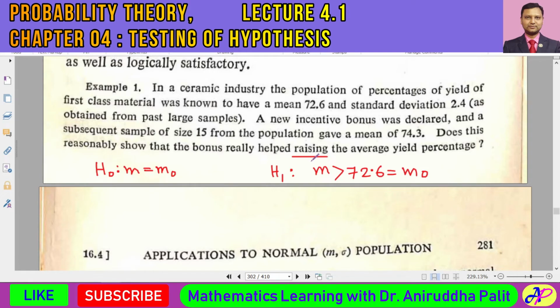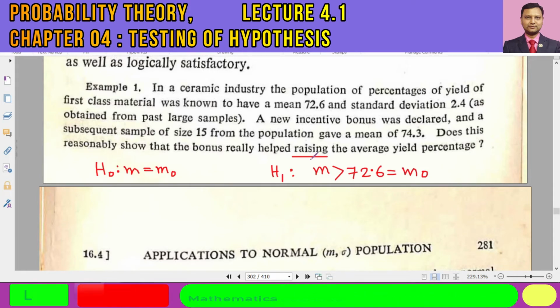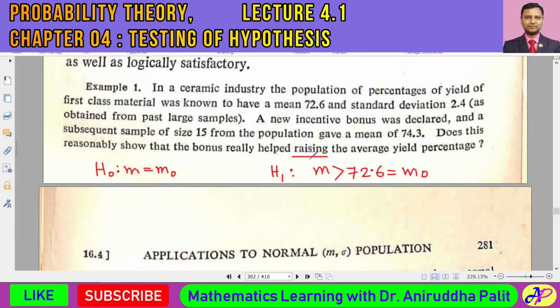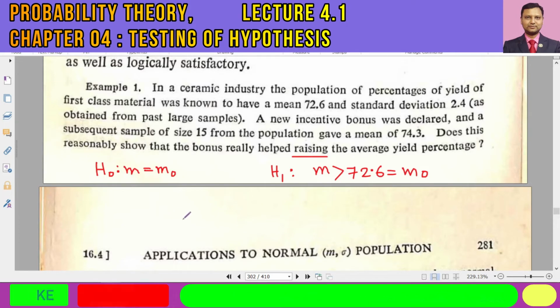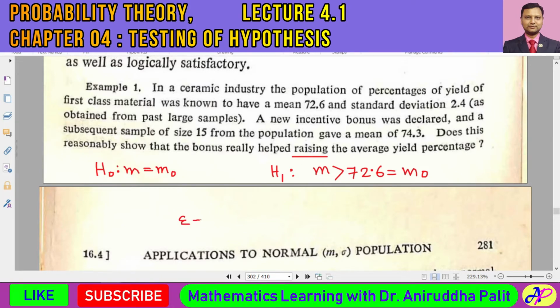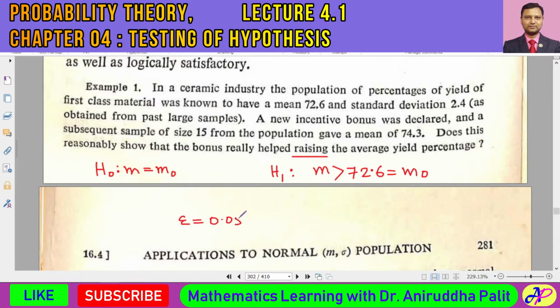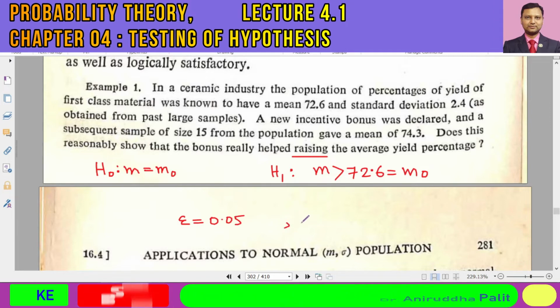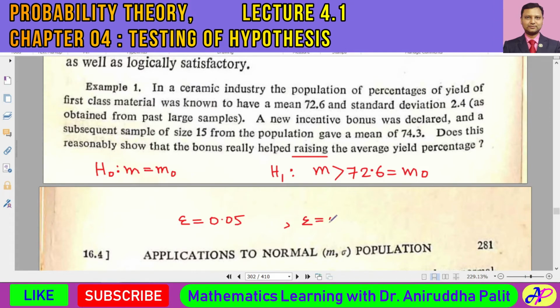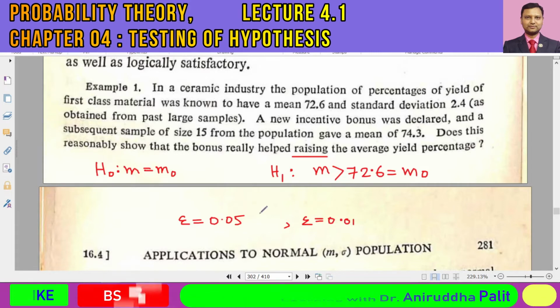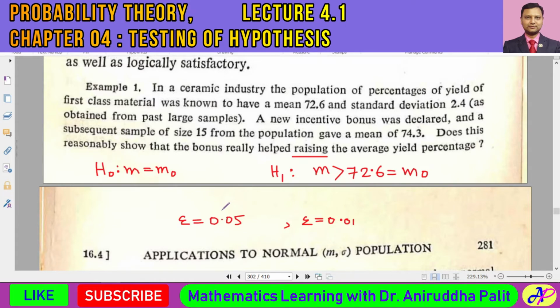Try to remember that if no information is provided in the question, you can without any problem choose epsilon equal to 0.05, that means 5% probability, or you can choose epsilon equal to 0.01. We mostly perform the test with epsilon equal to 0.05, with 5% level of significance.